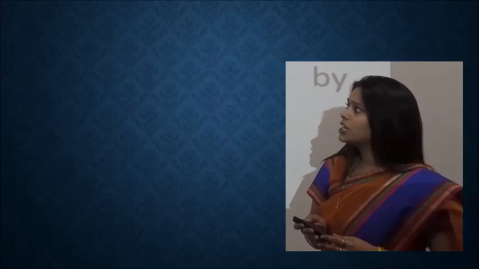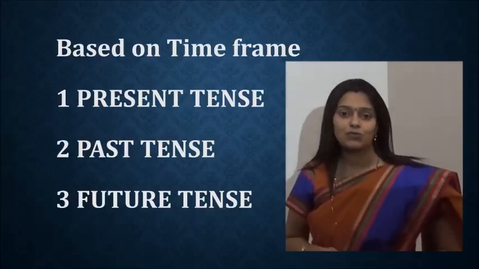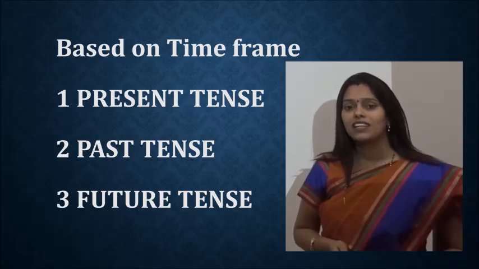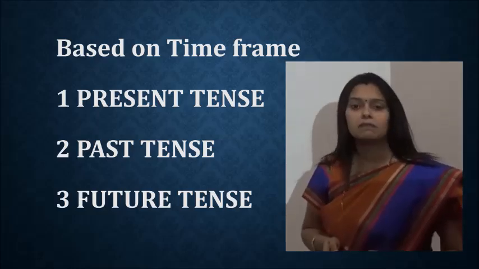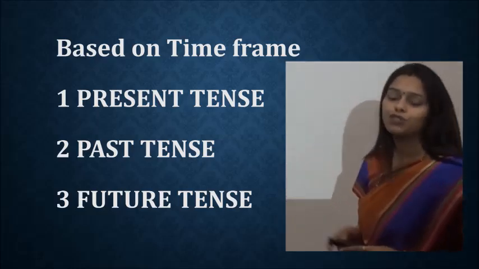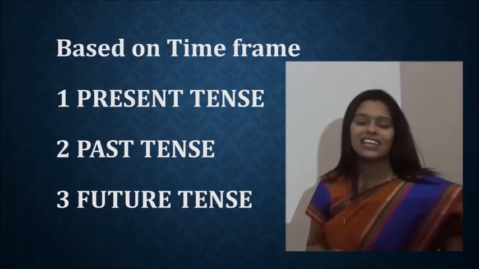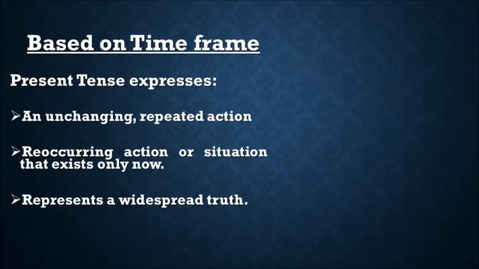Now the concept is clear. Tenses can be divided into three parts. The first one is present tense, second is past tense, and third is future tense. Exactly, present tense expresses the action or any event that happens in the present.